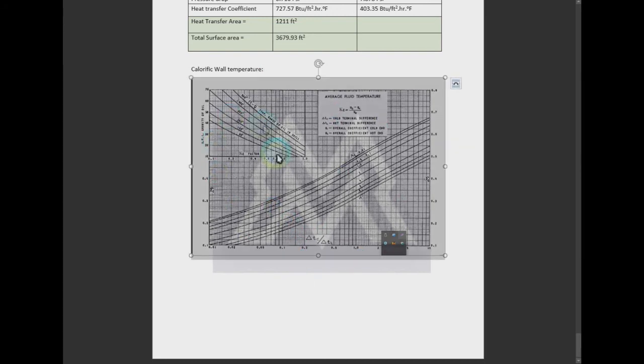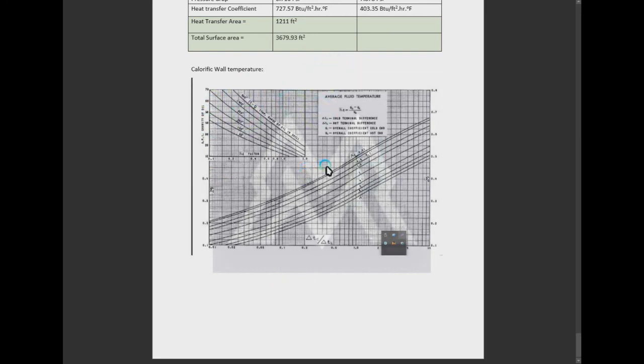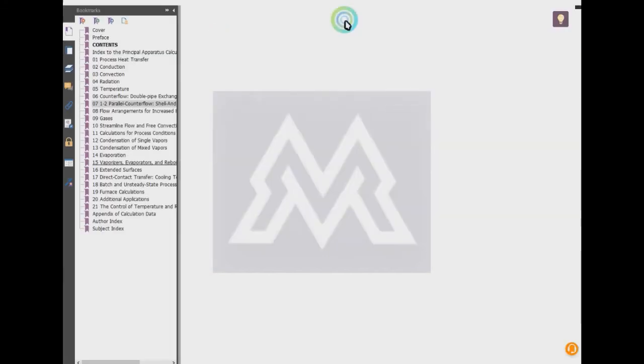Here we have a chart from Process Heat Transfer by D. Q. Kern, page number 857, and from that you need the API gravity of the oil.